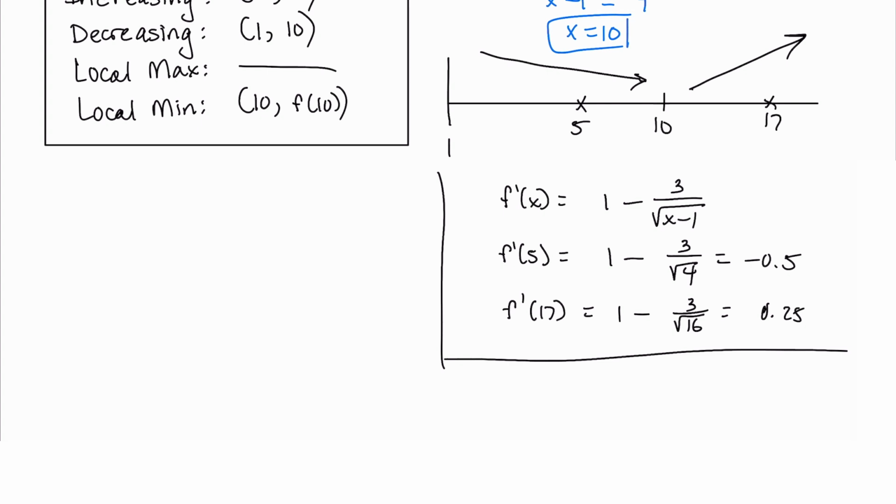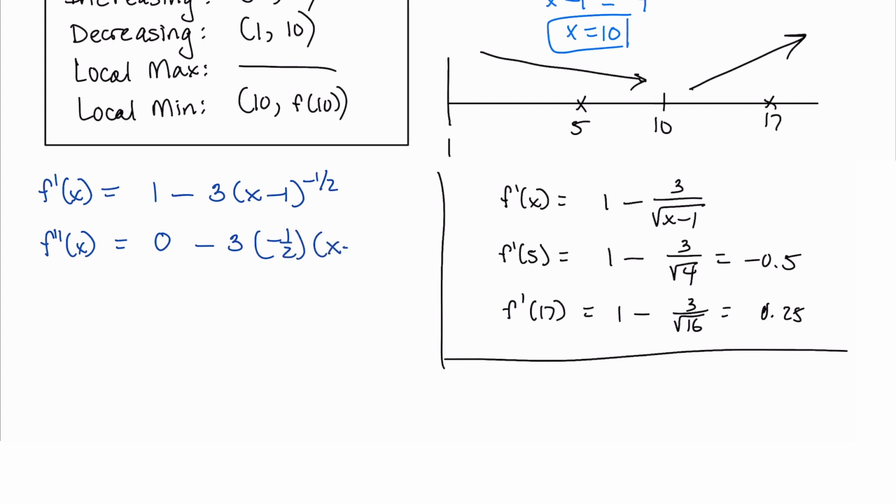And let's see what we have here. So f prime at the very top of the screen there, I'll write it down again. f prime of x is 1 minus 3 times x minus 1 to the negative half. So that means that f double prime is, okay, so the derivative of 1 is 0 minus 3 times negative 1/2 x minus 1 to the negative 3/2.